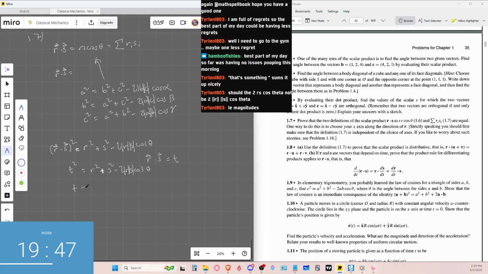Well, I think the thing we can do is take the square root. But I don't think that will do much. No, I don't think that's gonna do anything.